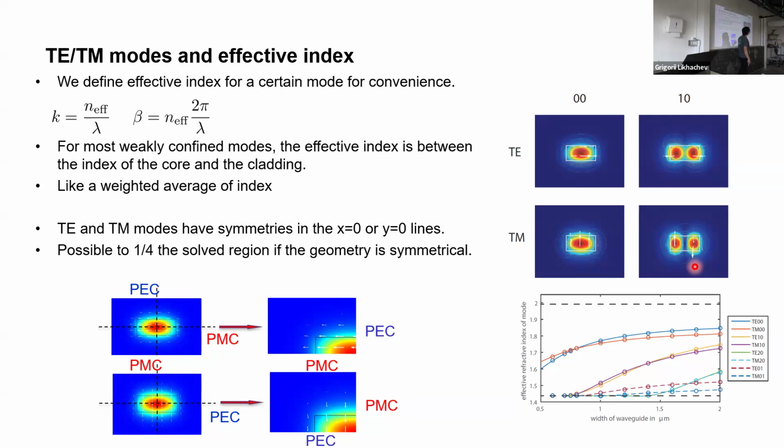But here it's a bit different, we just define it a different way. In waveguides, we call it TE when the electric field is parallel to the waveguide, and TM is when the electric field is perpendicular to the waveguide. That's just a convention for integrated components, and that's a bit different from the microwave mode.